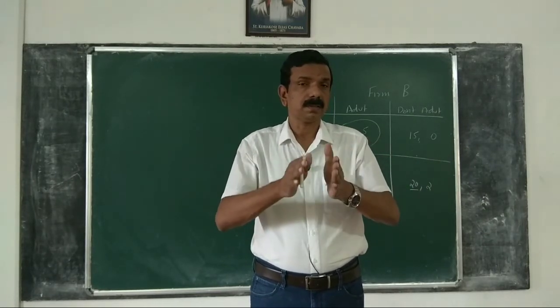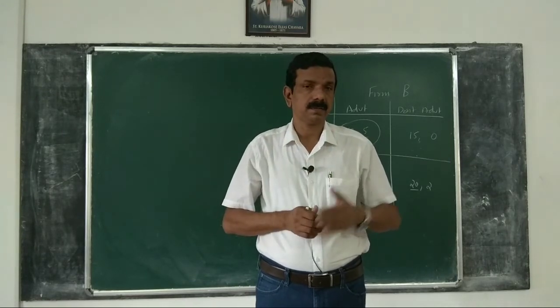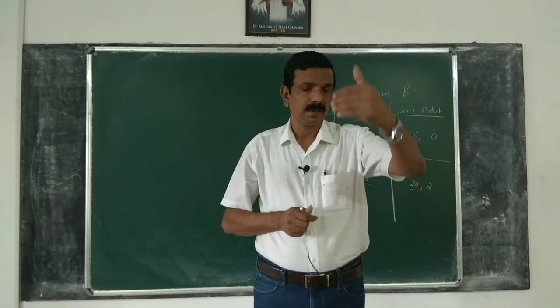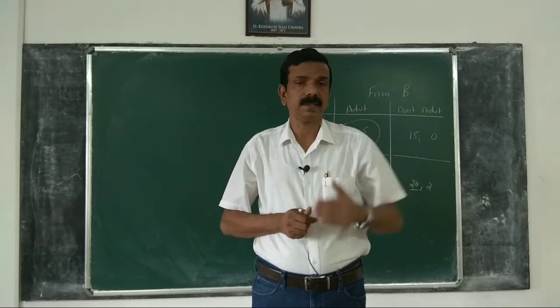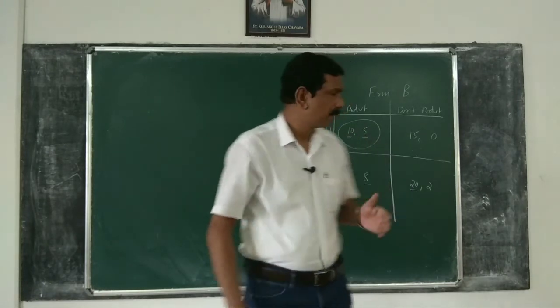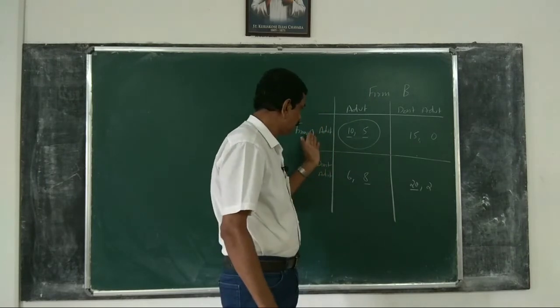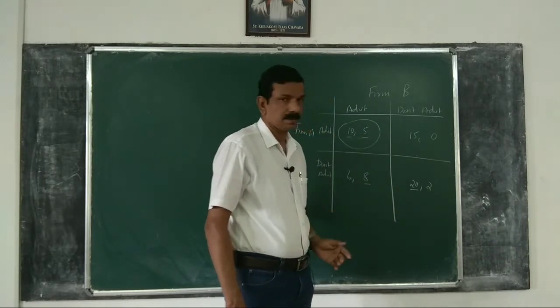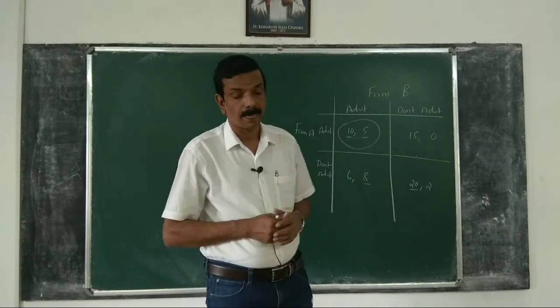It is not a best response to all the other strategies of the rivals. If a strategy is the best response to all the strategies of the rivals, it is a dominant strategy. But in this case, B has a dominant strategy, but A has no dominant strategy. But it is a Nash equilibrium strategy.